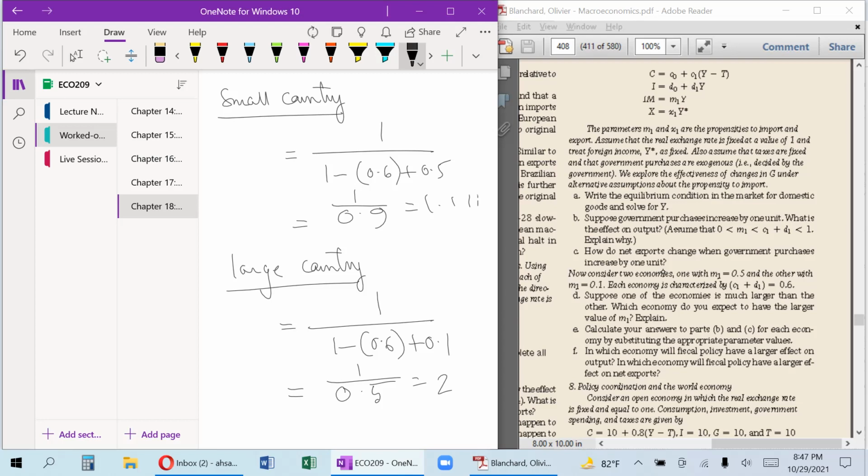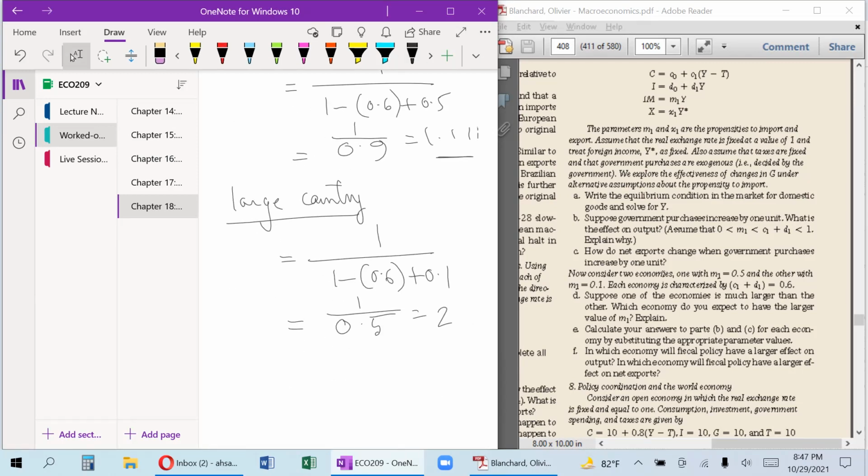So what we can say as a result is that when government expenditure goes up by 1 unit, or to make it a bit more technical, whenever an expansionary fiscal policy is implemented, which leads to government expenditure going up by 1 unit, the output in this small country will go up by 1.1 units, and the output in this large country will go up by 2 units.